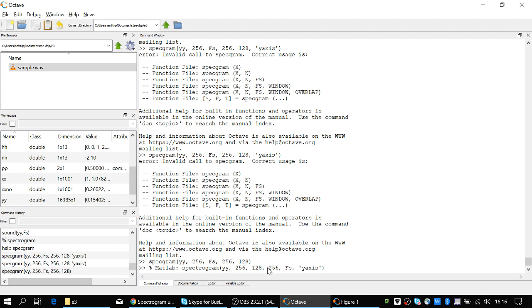So spectrogram, data, window size, overlap, how many points in fast Fourier transformation, sampling rate, then on primes you put that y-axis there, and it's single prime, not the double prime.